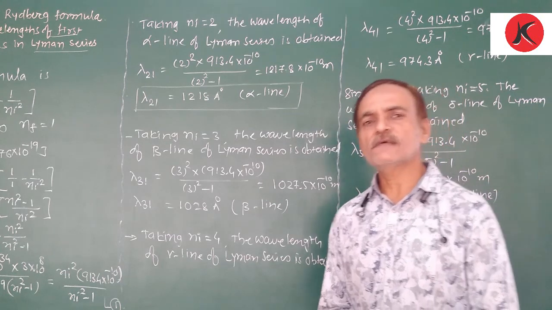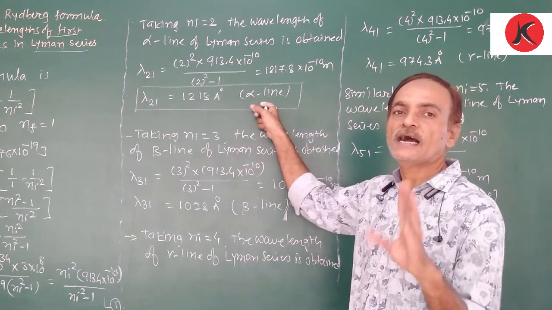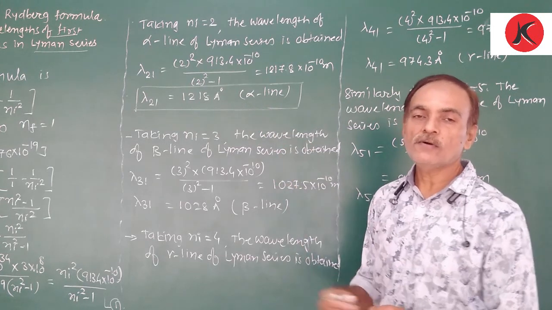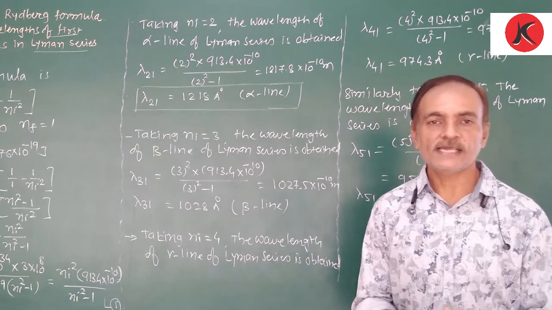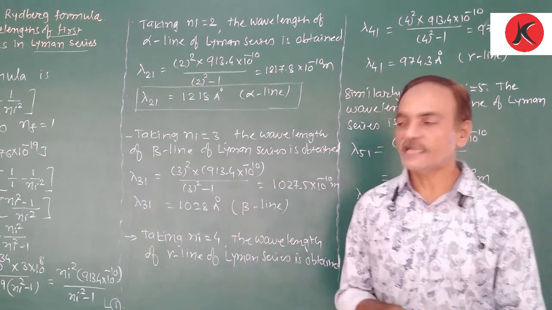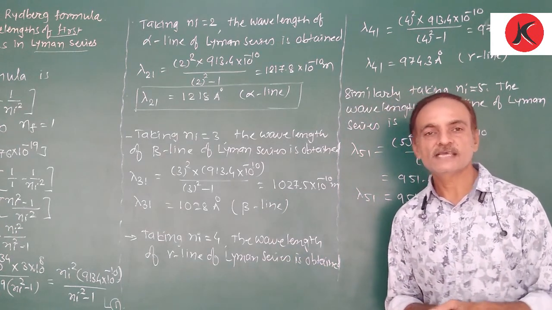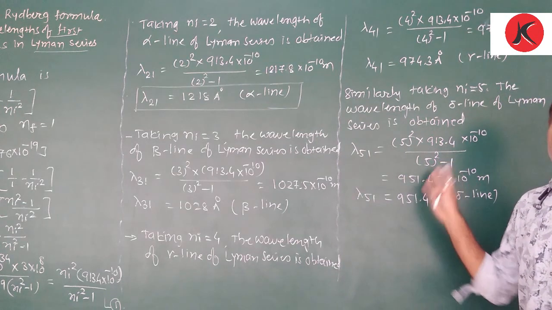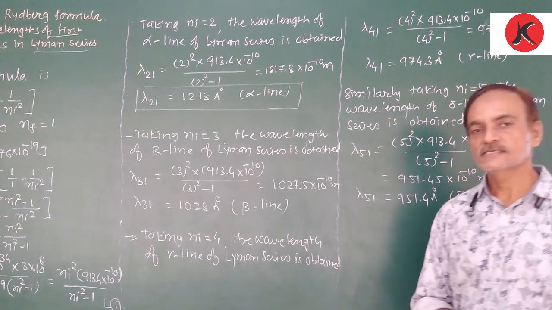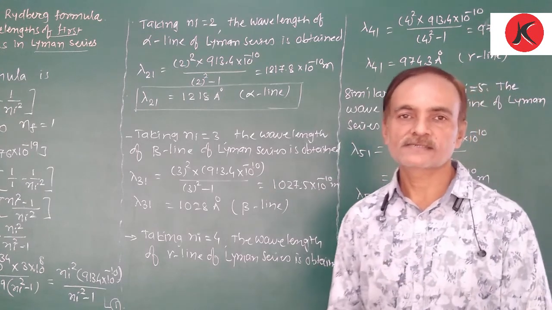Now, taking different values of Ni: for Ni equal to 2, we obtain the alpha line of the Lyman series; Ni equal to 3, the beta line; Ni equal to 4, the gamma line; and Ni equal to 5, the fourth line, the delta line. Clearly, very easy. Only the beginning equation is required. Clear?